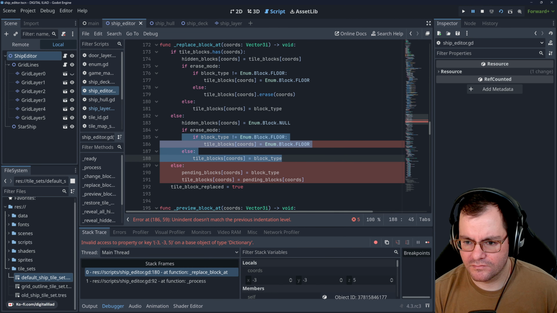This isn't right. Why did I do this? Oh, look at this. If erase mode, block type. Oh, I indented this too much. There we go. I over indented.